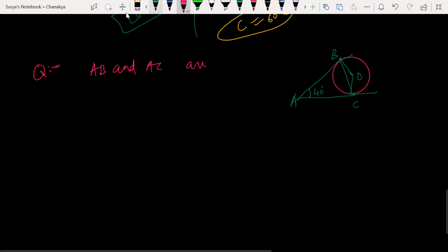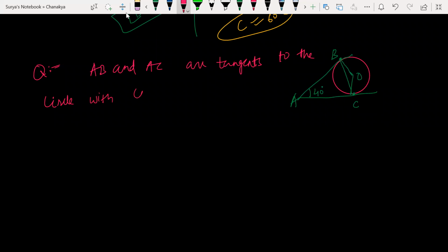Now I know that here AB and AC are tangents to the circle with center O, such that BAC is equal to 40.